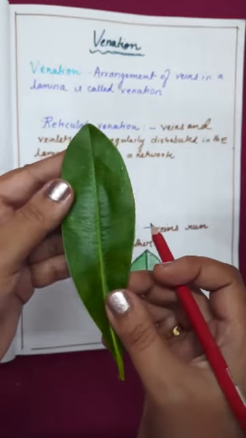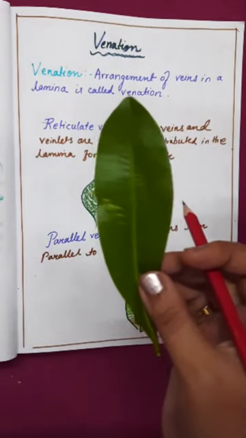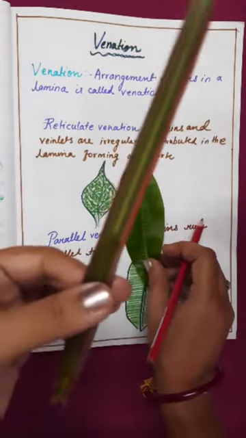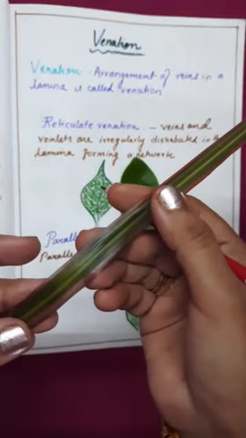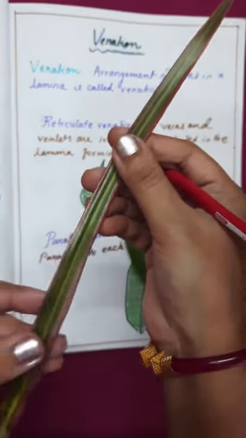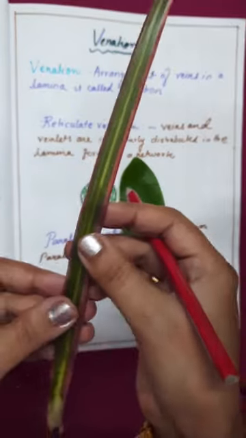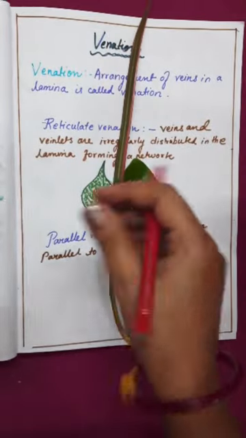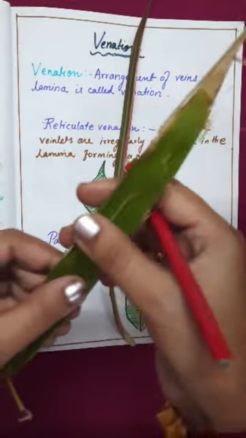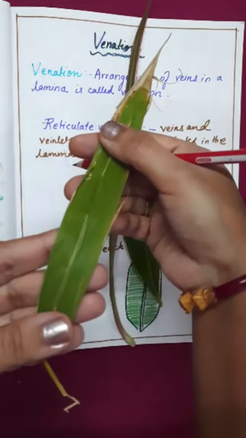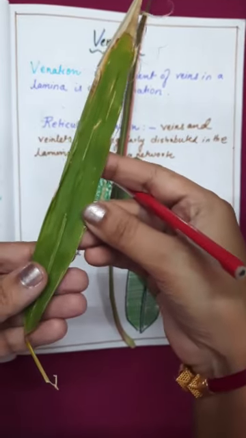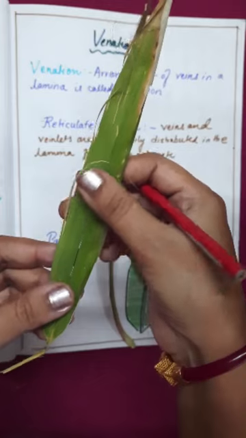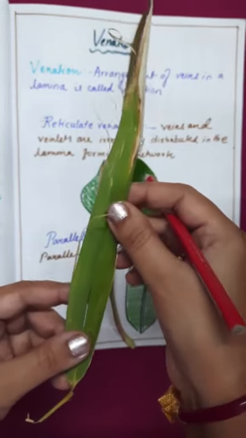They run parallel to each other. If I show one more, this is also one arrangement where the veins are arranged in a parallel form. And if I show you dry leaves, it will be more visible. Here you can see the veins are all in a parallel form. So this is parallel venation of leaves.